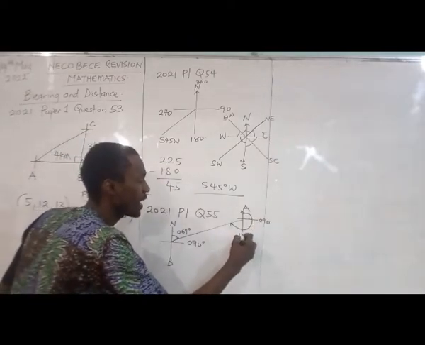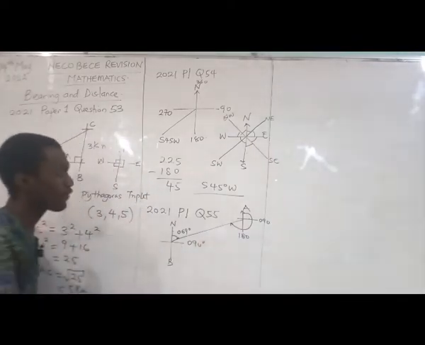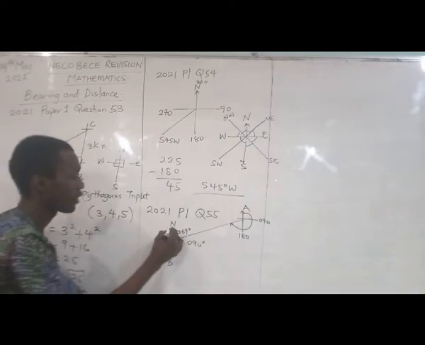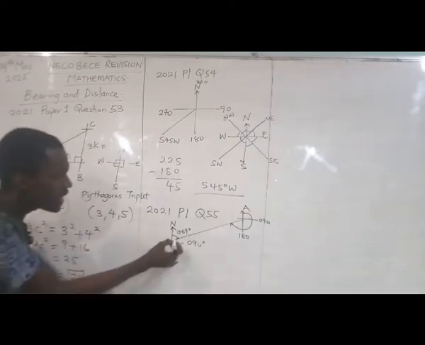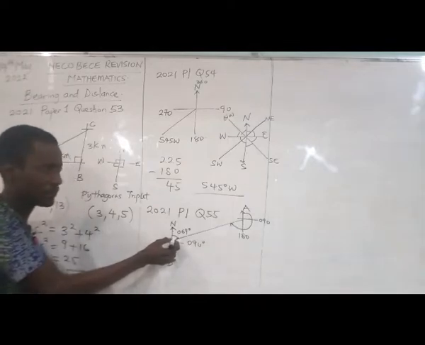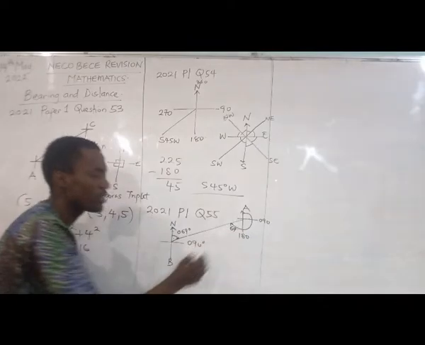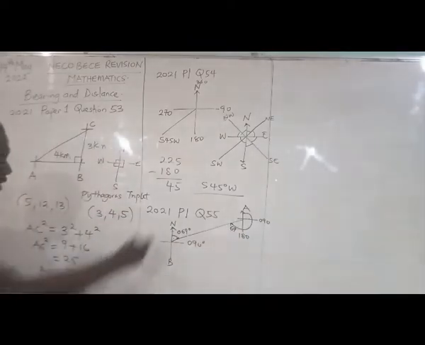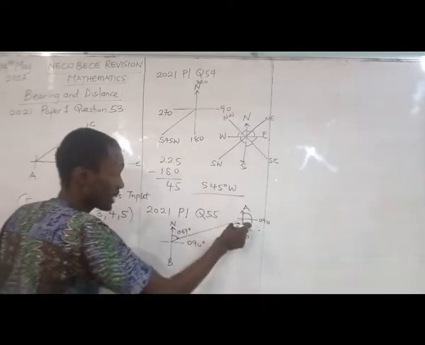At this position it is 180. So what is this one? Remember that from your knowledge of alternate angles or angles between parallel lines, if this is 069, this angle will also be what? 69 degrees. Alternate angles. This line parallel to this line. So if this angle is 69 degrees, this angle becomes 69 degrees.